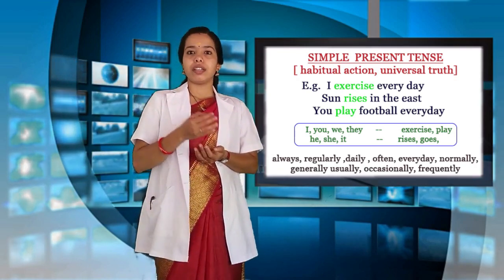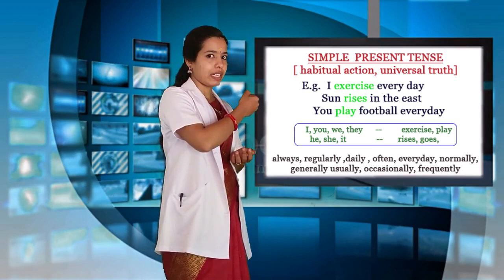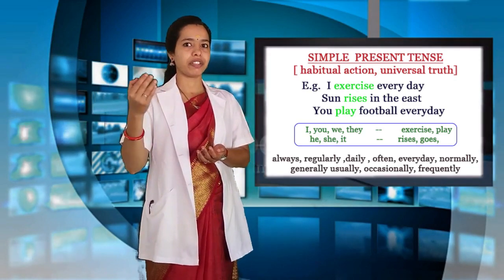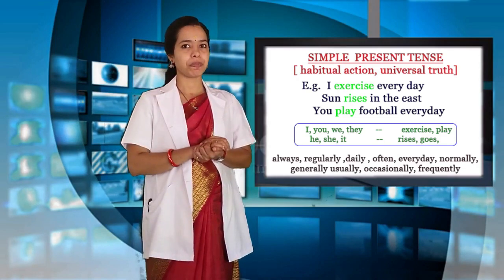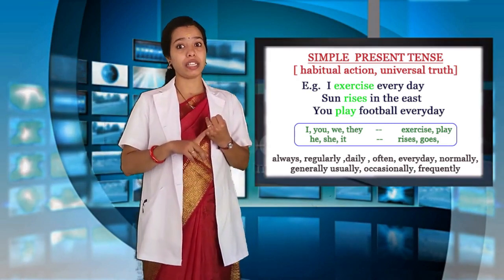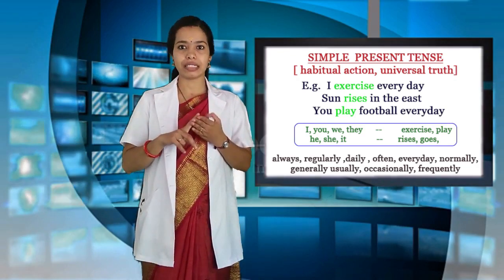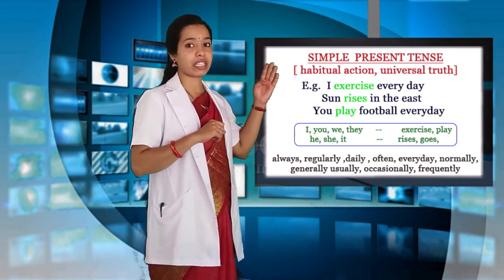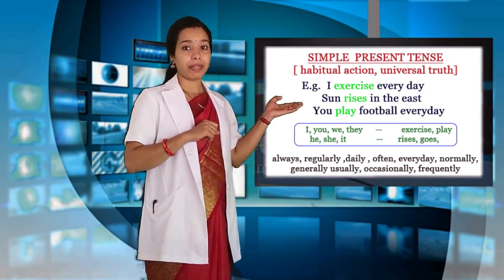Now, all these things we have studied, but let me ask you, do you know where we will add s and where we will add the base form of the verb? It's very simple. Along with the pronouns I, you, we and they, we use the base form of the verb, just like in the examples exercise and play.